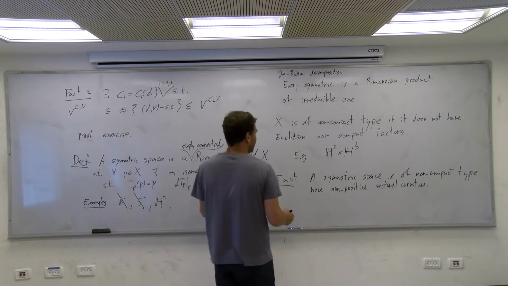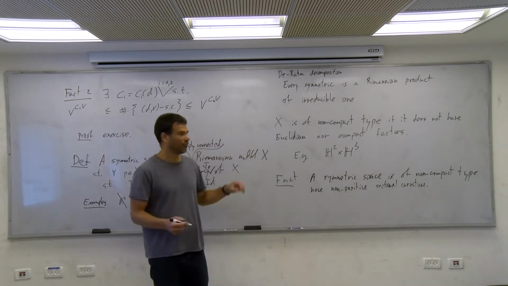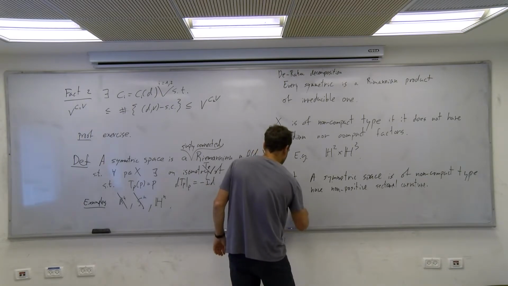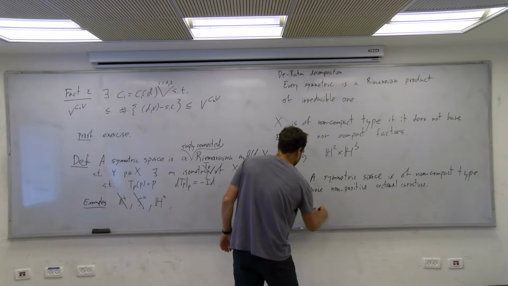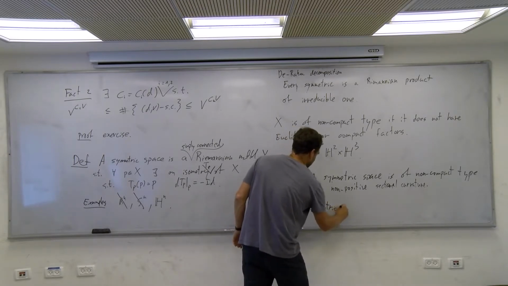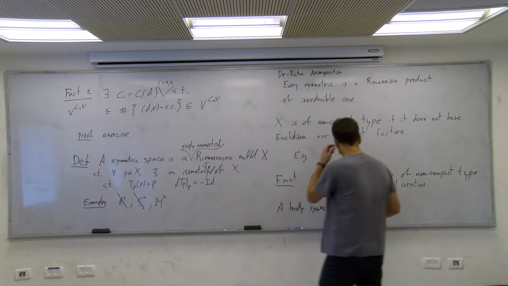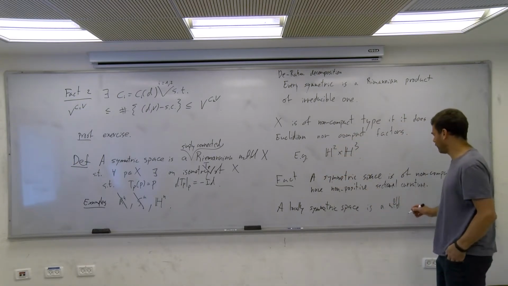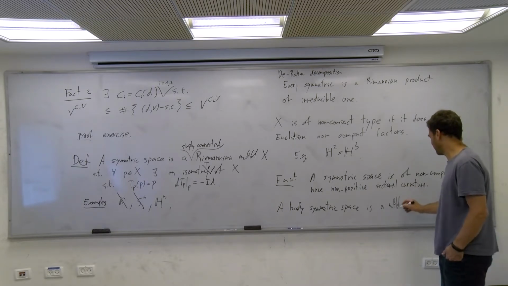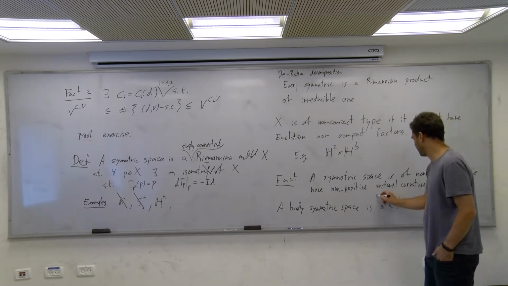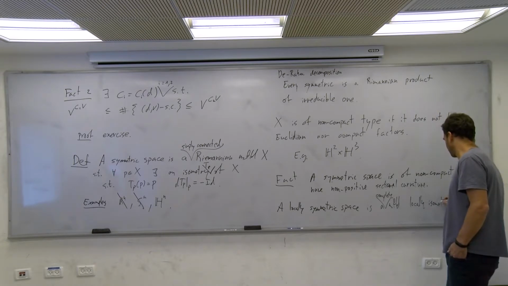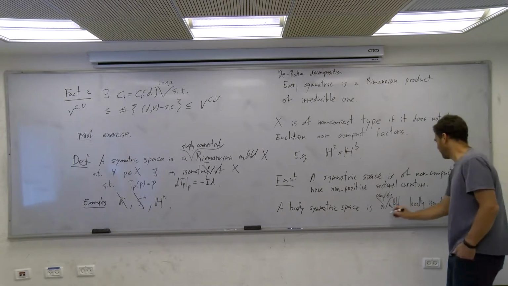Okay, a locally symmetric space is a complete Riemannian manifold locally isometric to a symmetric space.